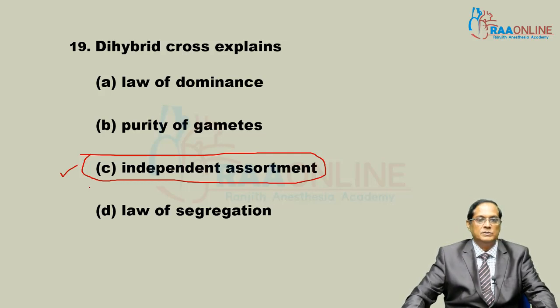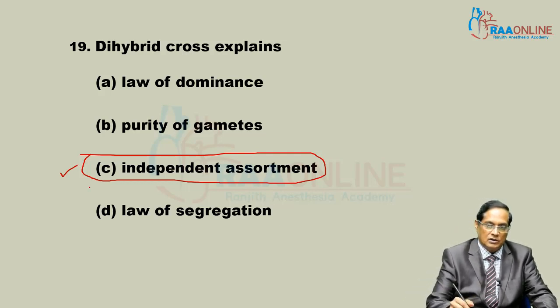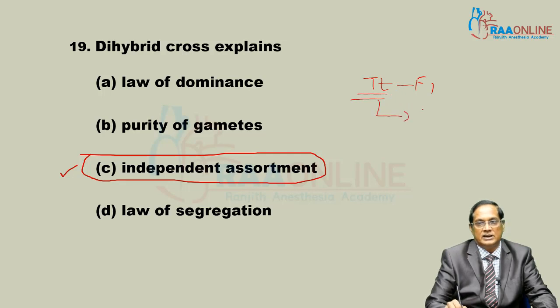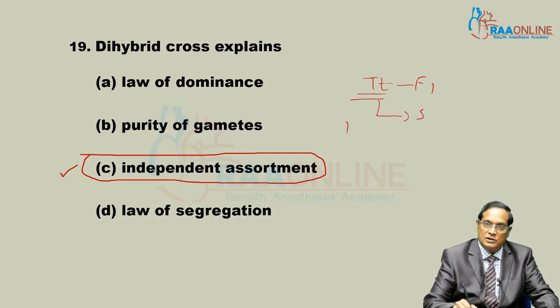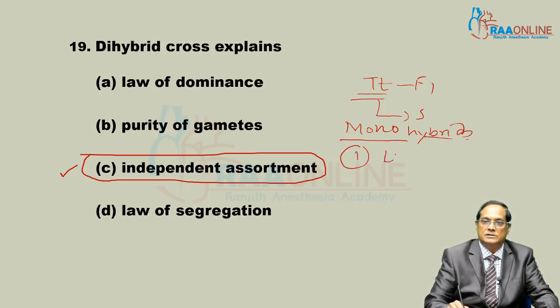Whereas from a monohybrid cross, we can study dominance at the F1 level and segregation at the F2 level or by test cross. From a monohybrid cross, 2 laws can easily be studied. Number 1, dominance.